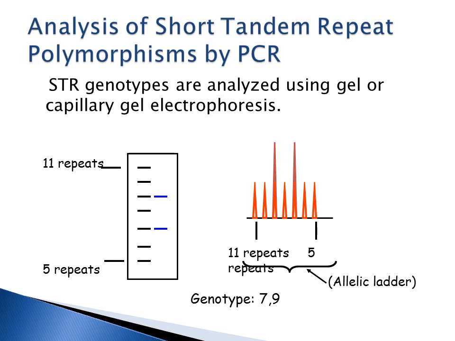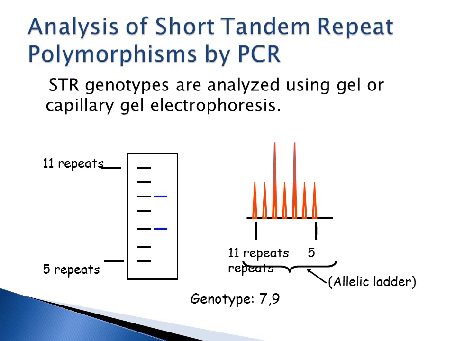So here's an example of analysis of short tandem repeat polymorphisms using PCR. Your short tandem repeat genotypes are analyzed using either gel or capillary gel electrophoresis. For example, you would run your PCR on a gel and compare it to your allele ladder, and you would see the number of repeats that you get.